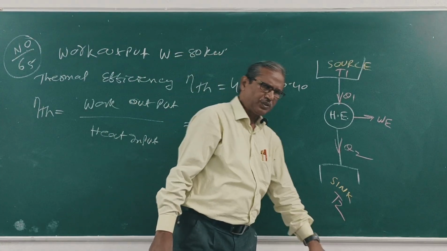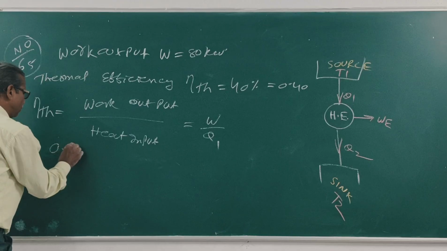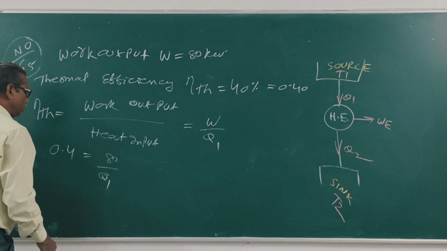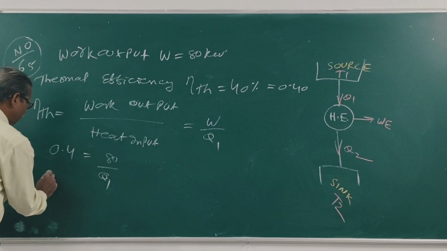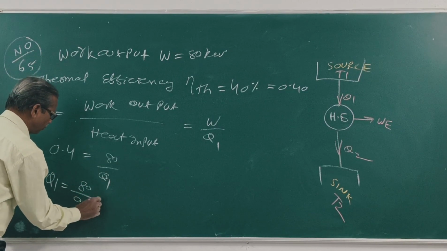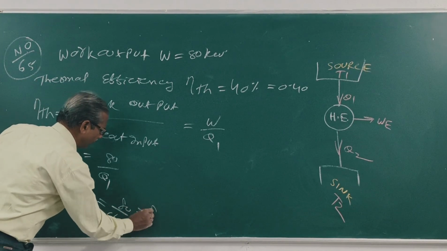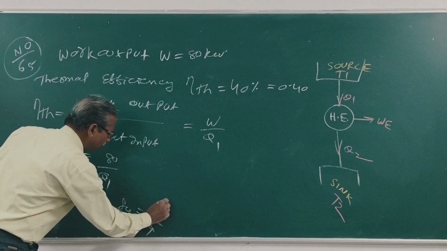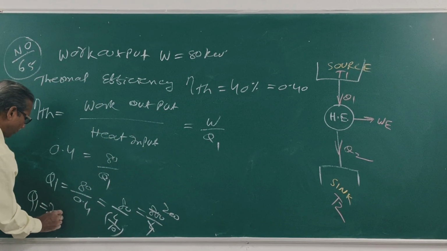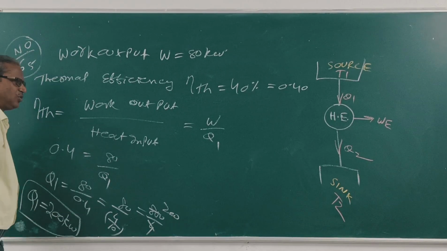Right. So what is eta? 0.40 is equal to 80 by Q1. So Q1 is equal to 80 by 0.4, that is 800 by 4, which is 200. Q1 is equal to 200 kilowatt. This is the answer for heat transfer to the engine.